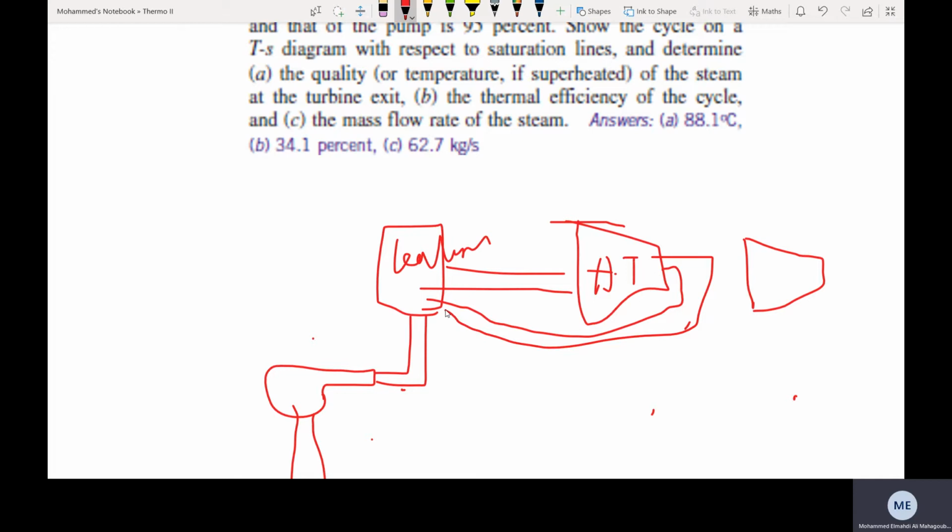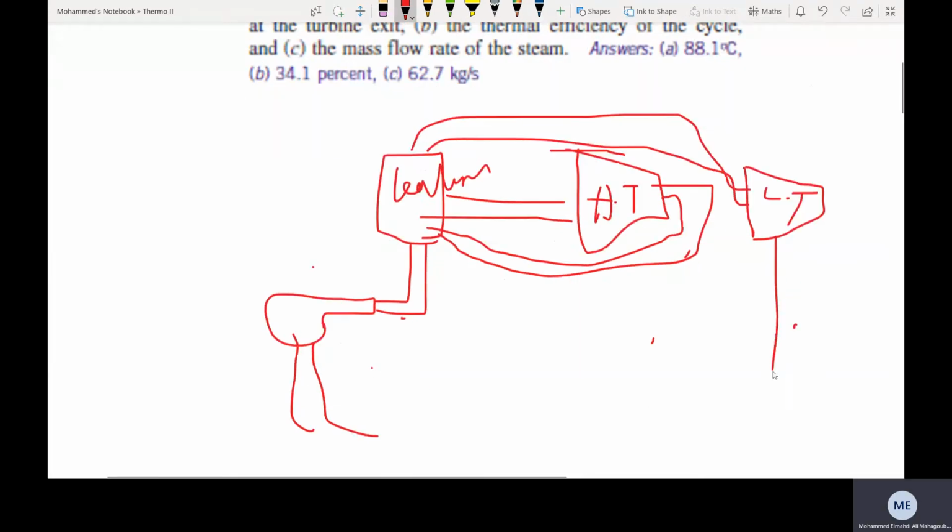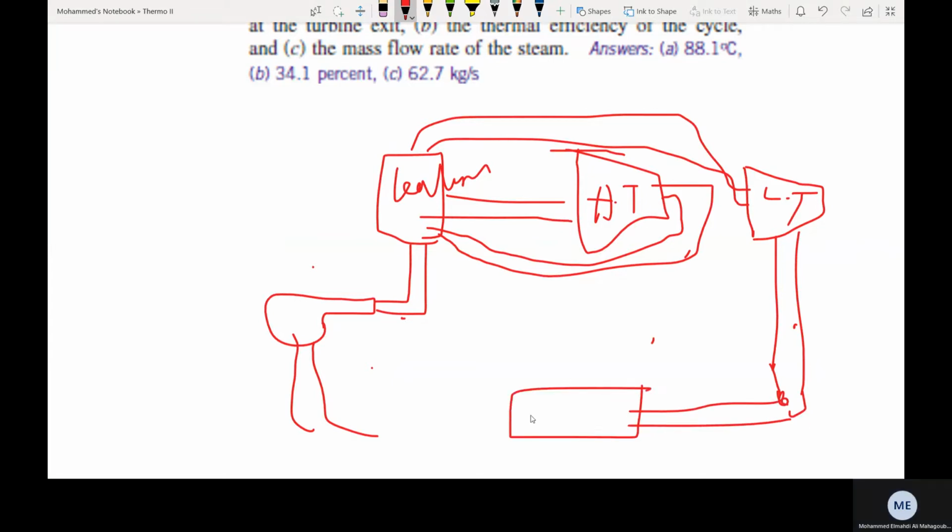So here we'll have a reheating process, and then from the reheating process it's going to enter the low pressure turbine again, and then from the low pressure turbine to the condenser. The outlet of the low pressure turbine is going to enter a condenser, where it's going to reject heat and then go back to point 1.